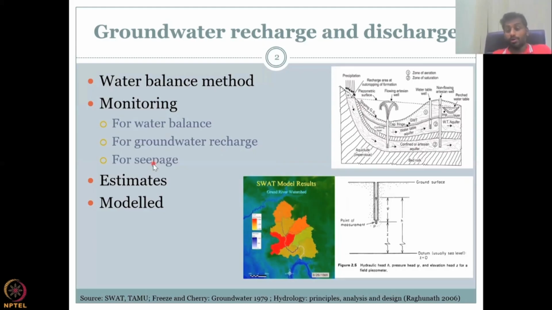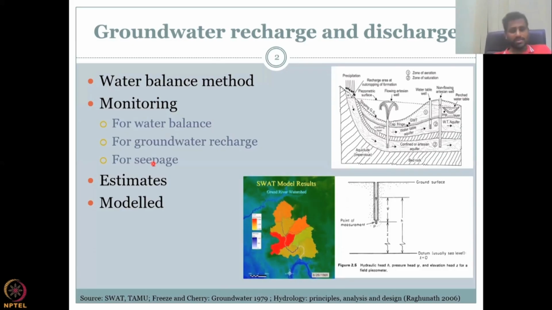It may be easier for estimates in the oceans because there is a density difference in the water. However, it could be more difficult in the rivers and freshwater bodies. So monitoring can help in establishing the water balance components or specifically only the groundwater wells or the seepage.